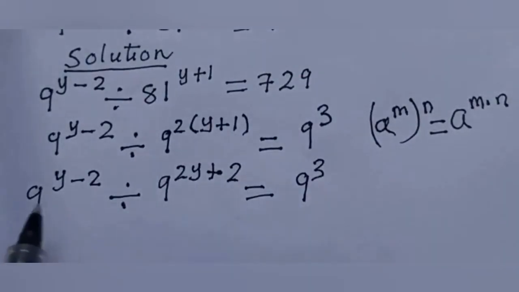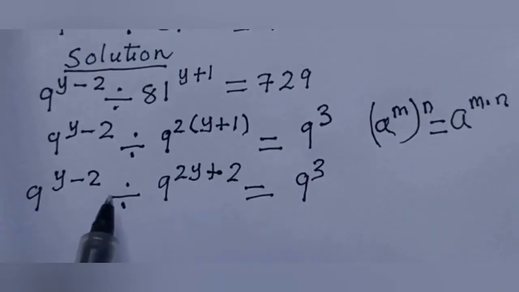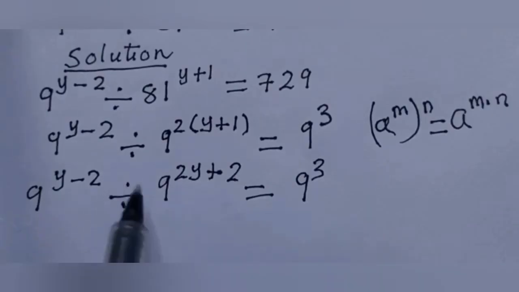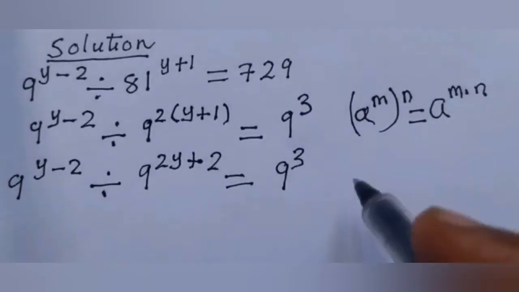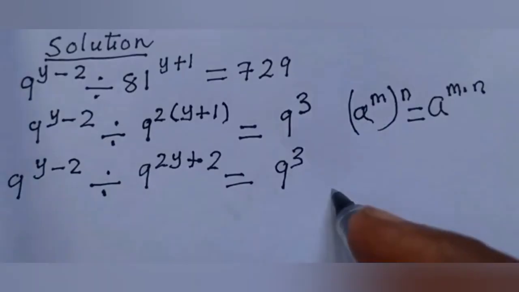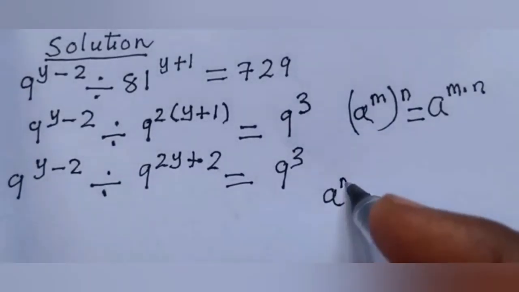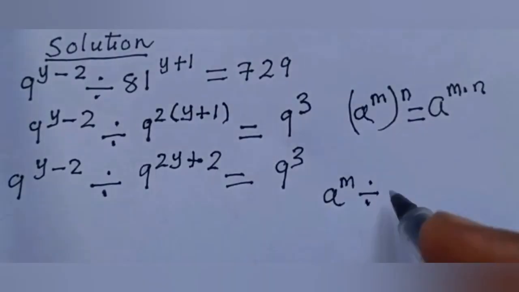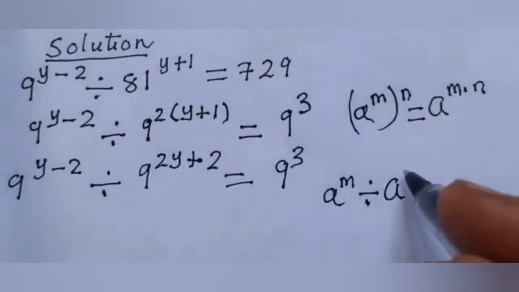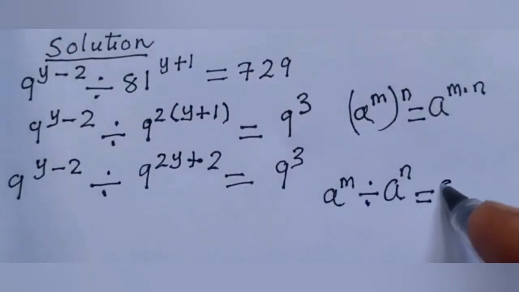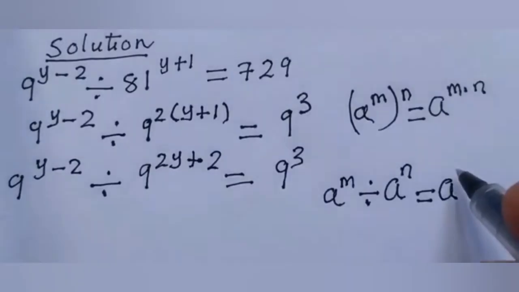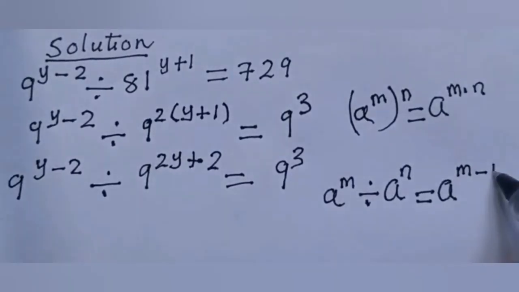So here the base is 9, the base is 9, but we have a division sign. So in this case, the quotient rule of exponent will be used, which is a raised to power m divided by a raised to power n equals a raised to power m minus n.